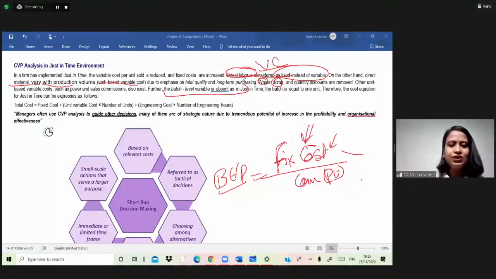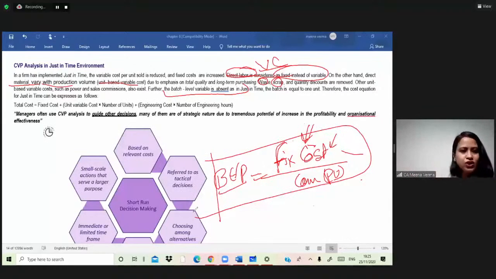Though we don't have any numerical about this concept in your book, we have the concept and questions can come from it also. So you should apply your brain and consider the fixed cost. You can bifurcate these fixed costs on the basis of the cost driver, but always consider that labor cost will remain a fixed cost.